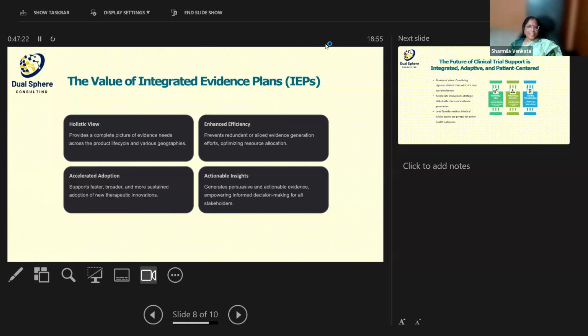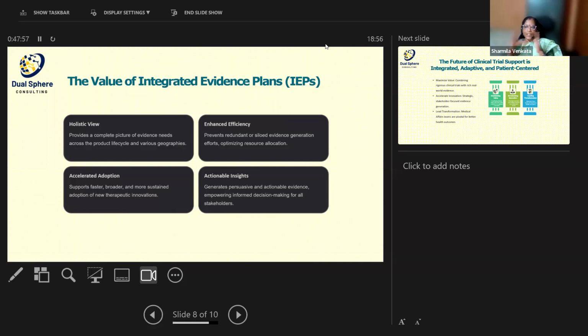An integrated evidence plan, or IEP, is essentially our master blueprint for evidence generation. It gives us a complete picture of what evidence is needed, not just in one country or for one stakeholder, but across multiple geographies and throughout the product's life cycle.